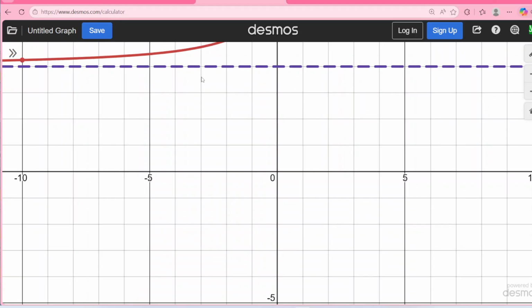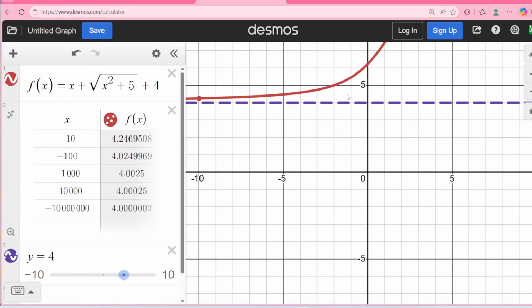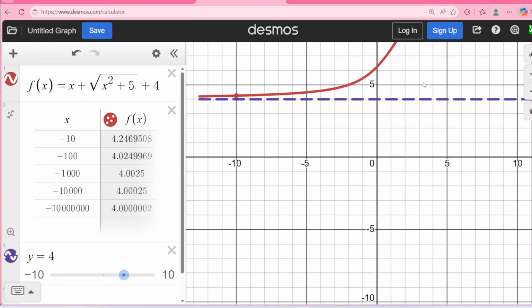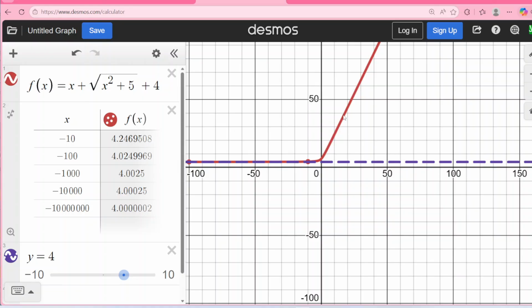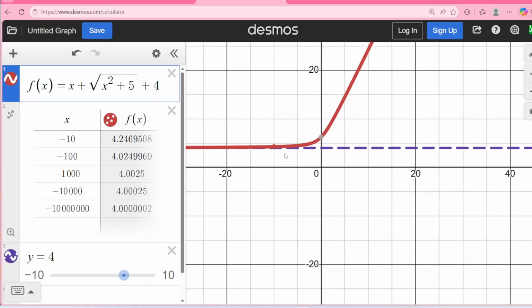So y equals 4 would be considered a horizontal asymptote. And it's only on the left end. On the right end, the red graph is getting larger and larger, the output going to infinity. But on the left end, it approaches 4. And that's what we're entering.